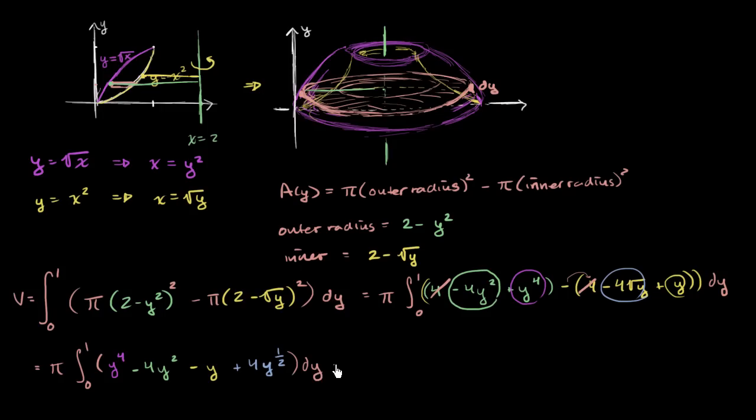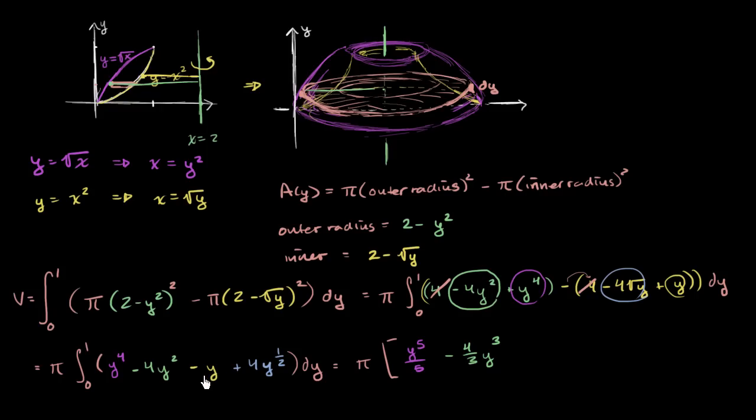Now we're ready to take the antiderivative, so it's going to be equal to pi times the antiderivative. The antiderivative of y to the fourth is y to the fifth over 5. The antiderivative of negative 4y squared is negative 4/3 y to the third power.